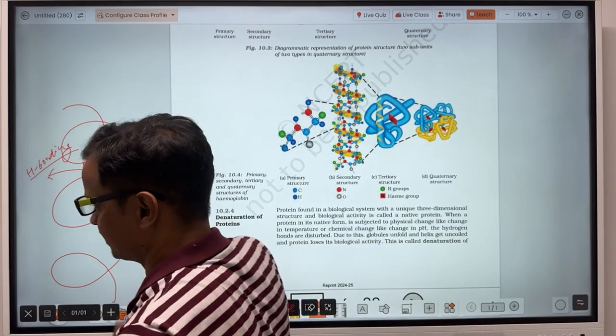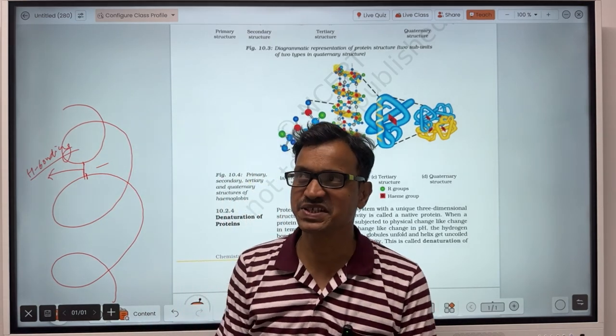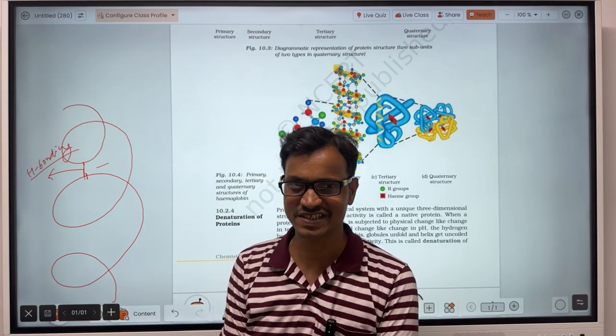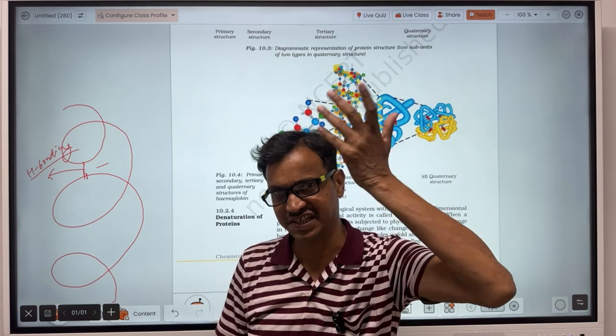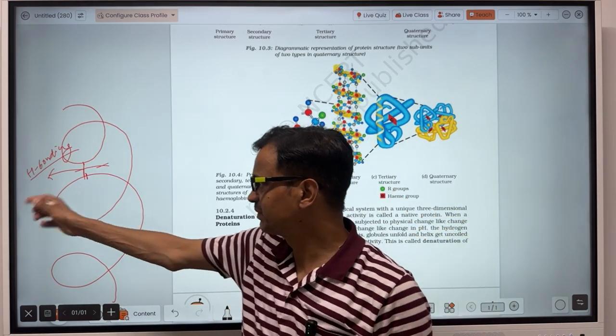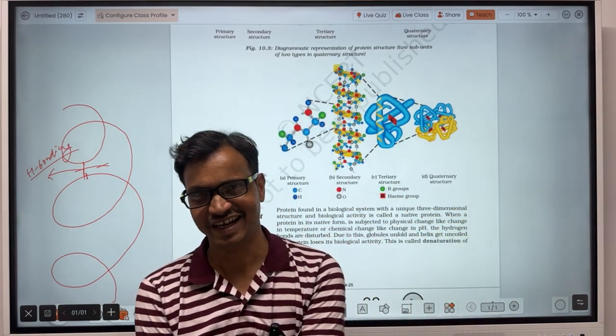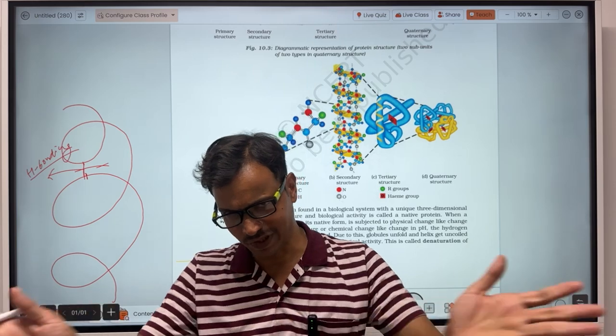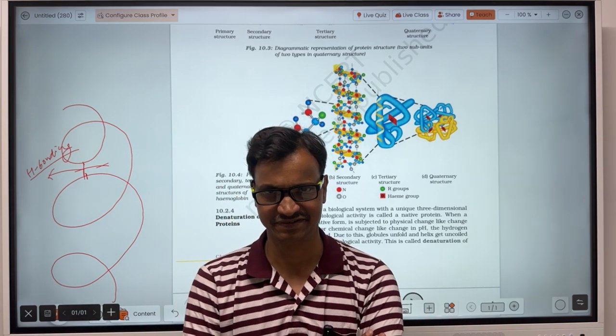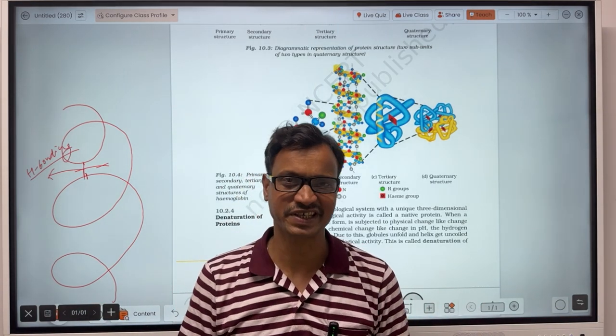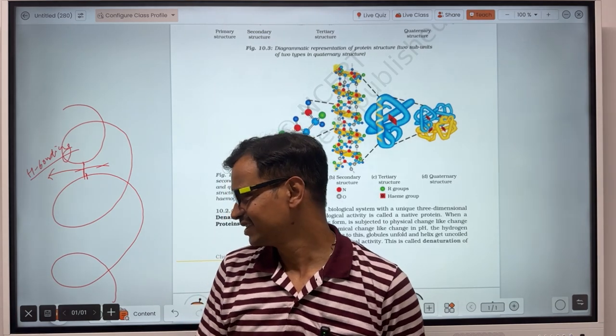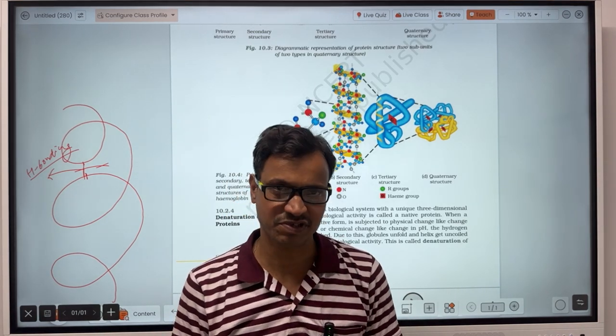When heat energy is supplied or pH changes, this hydrogen bonding will dissociate. As a result, the decoiling of the protein will take place, and that is why this phenomenon is called denaturation of protein.